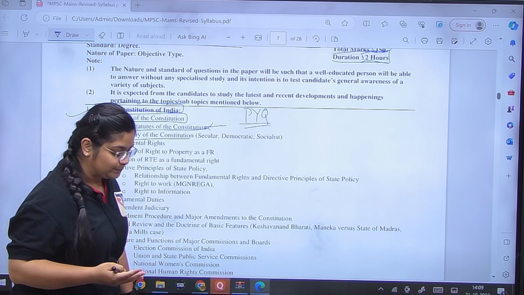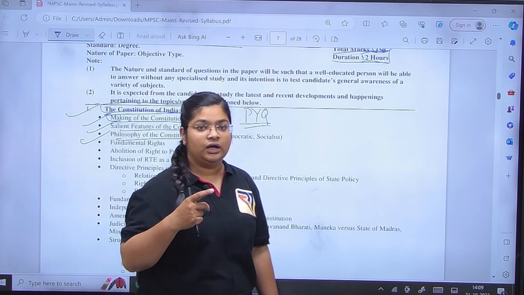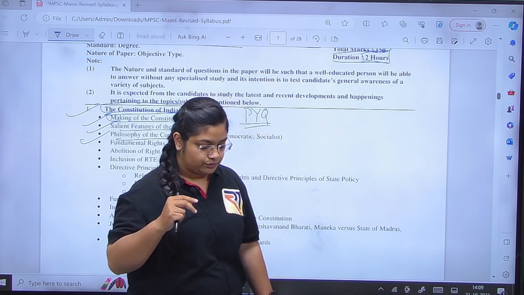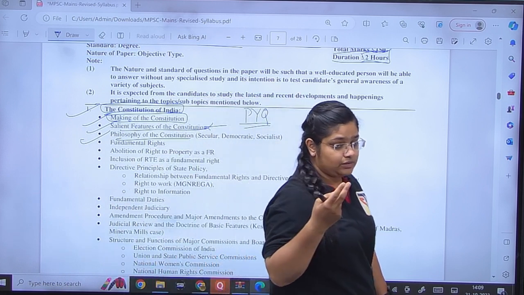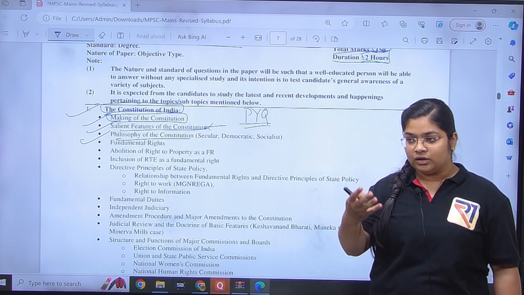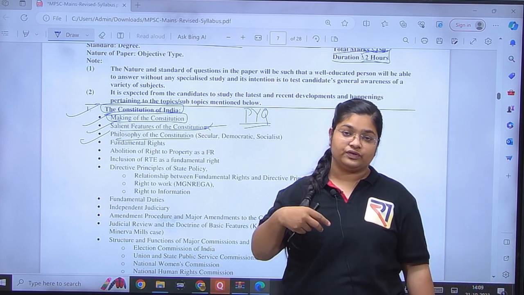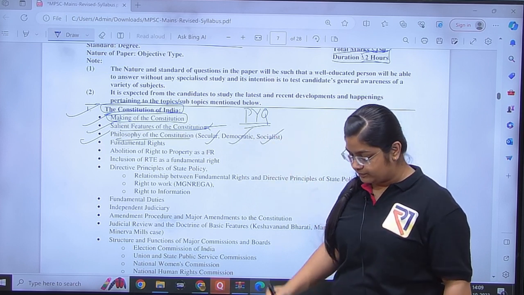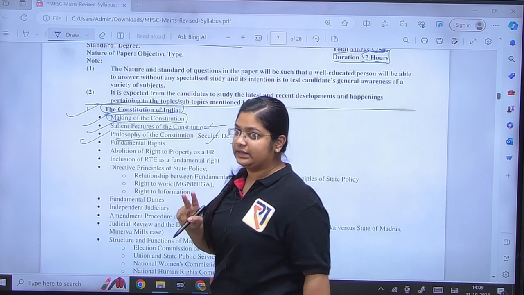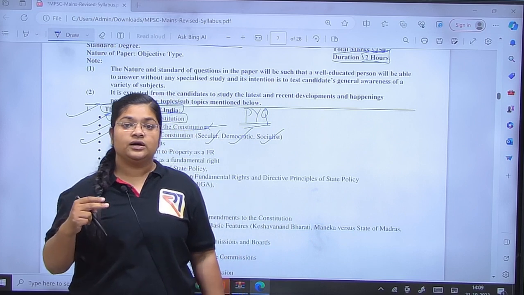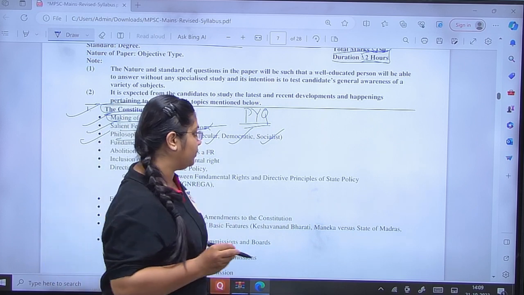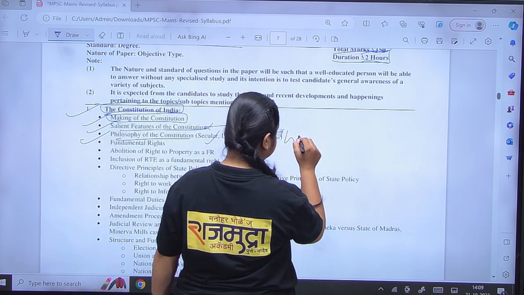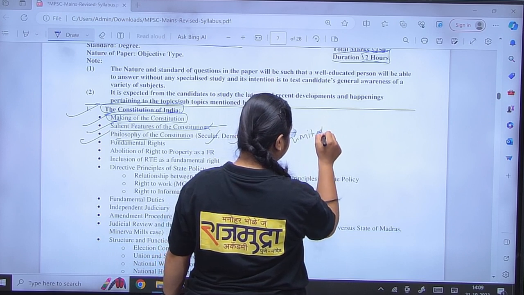What is philosophy? The first thing that comes to our mind when I say philosophy of the Constitution is secular, democratic and socialist. And the most important thing, when we say Constitution, we think about limited government.